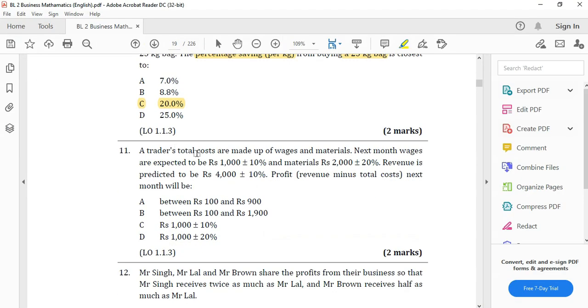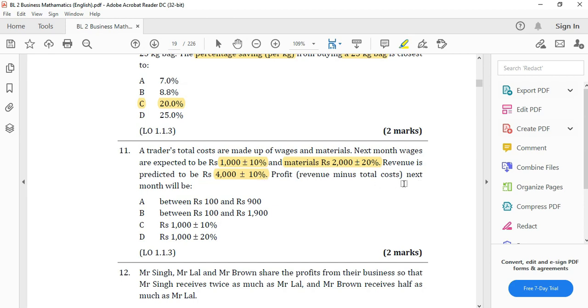A trader's total costs are made up of wages and materials. Next month, wages are expected to be 1000 plus or minus 10%. And materials 2000 plus or minus 20%. Revenue is predicted to be 4000 plus or minus 10%.